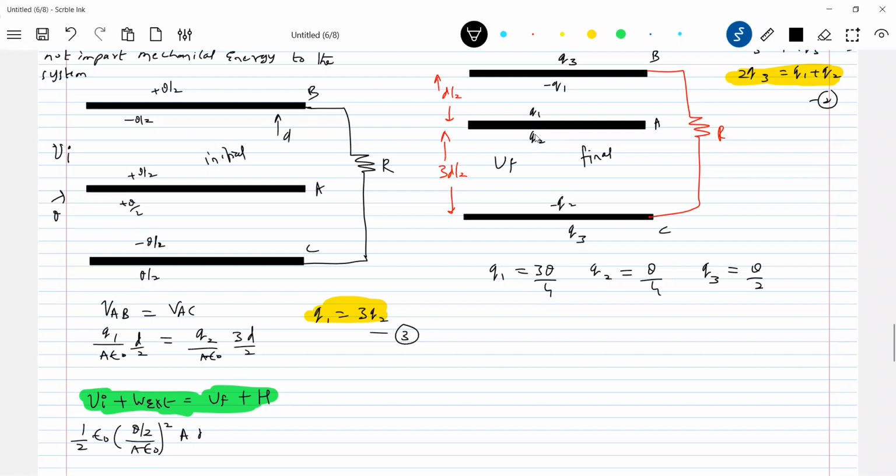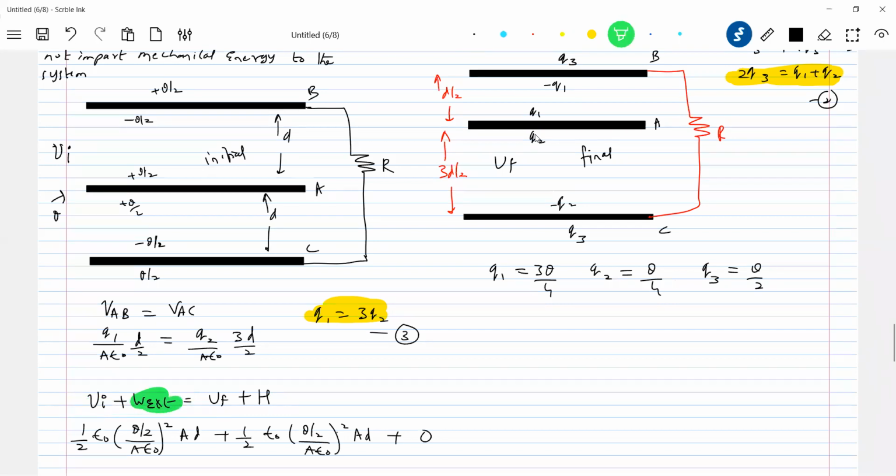D, no? A into D, times half epsilon naught. I'm writing directly, and work done by the external agent should be 0.